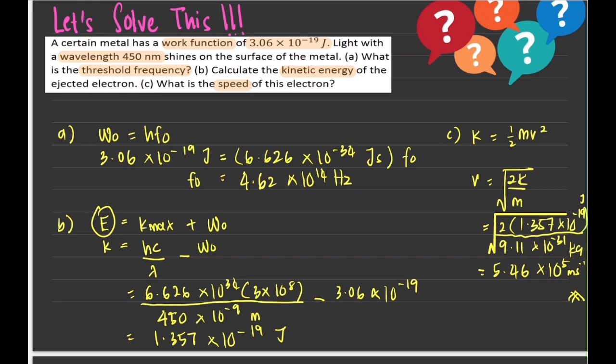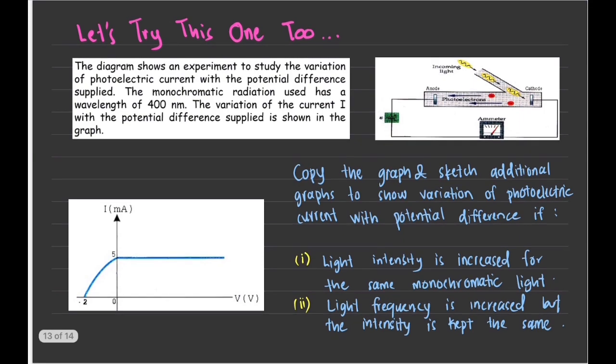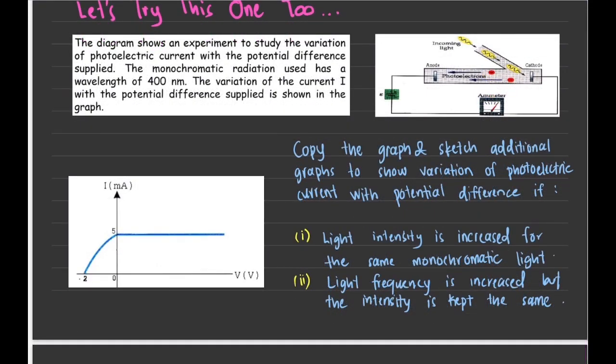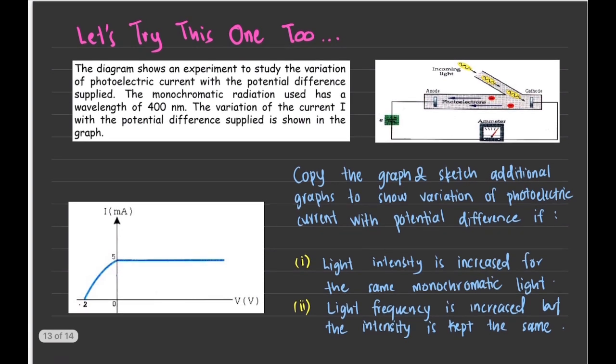Okay, let's try another question. For this question, the diagram shows an experiment to study the variation of photoelectric current with the potential difference supplied. The monochromatic radiation used has a wavelength of 400 nanometer. The variation of the current I with the potential difference V is shown in the graph.